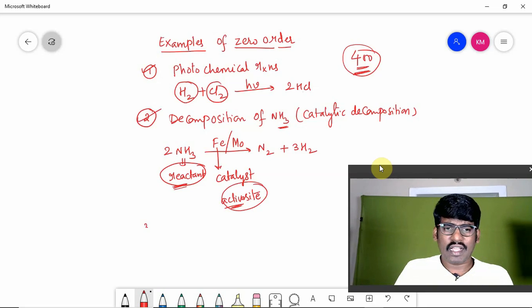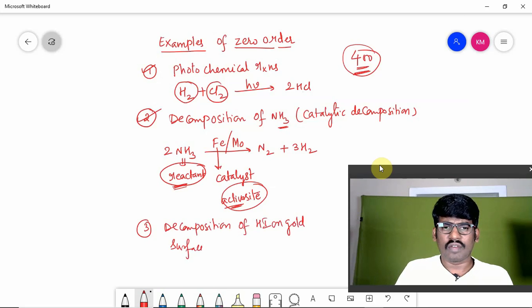You can take another example also: decomposition of HI on gold surface is also an example of a zero order reaction. A zero order reaction is one in which the rate of reaction is independent of the concentration of the reactants. These are the major examples that can be given.